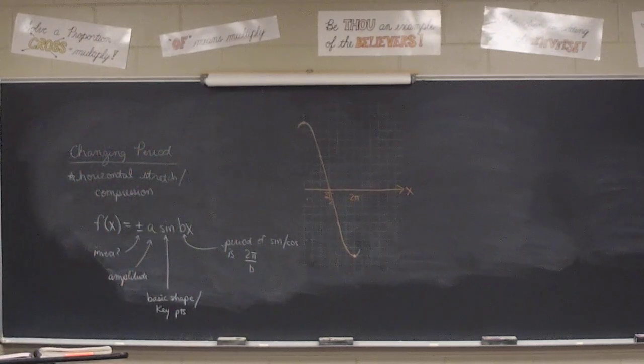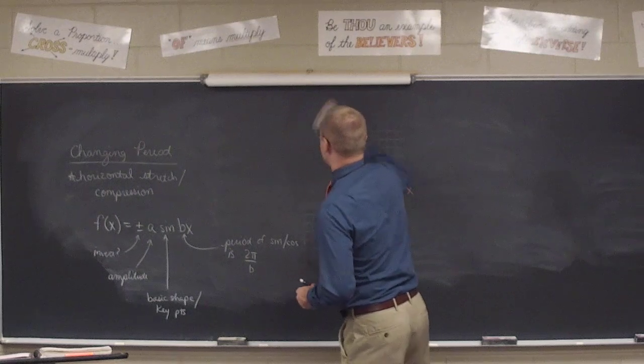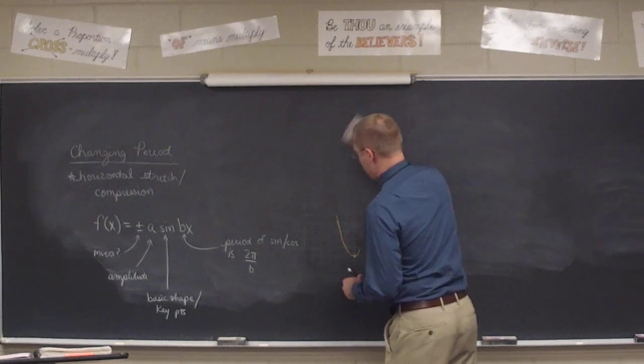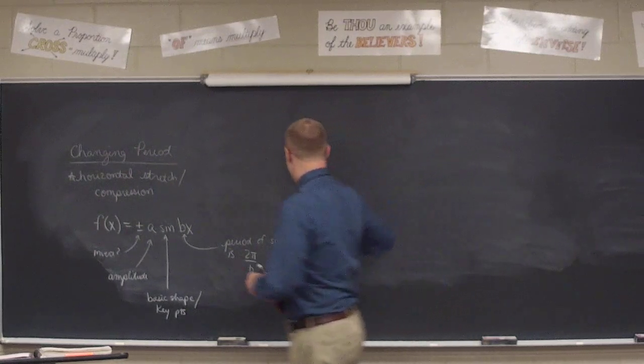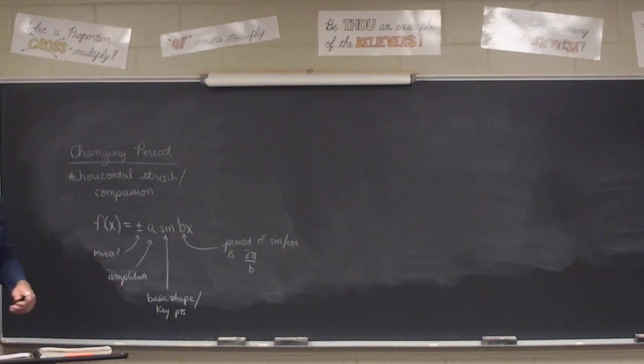Now, I've been saying the period is 2 pi. Well, that assumes there's a 1 in front of the x. We would have thought before that assumes no number in front of the x, but of course we understand if you see no number, it's an understood 1. Really, the period is 2 pi over b. And so as we change that b value, we will change the period of the graph.